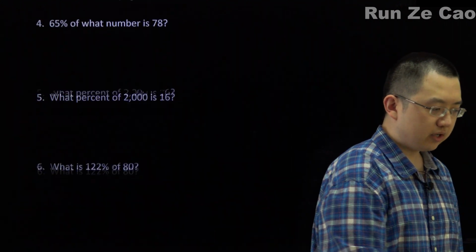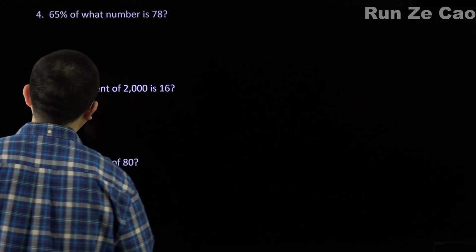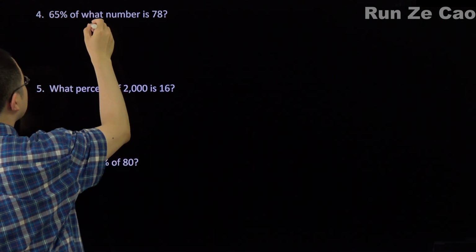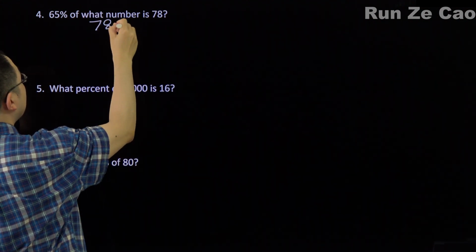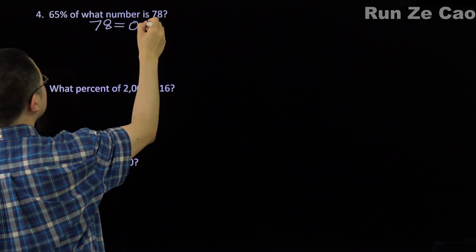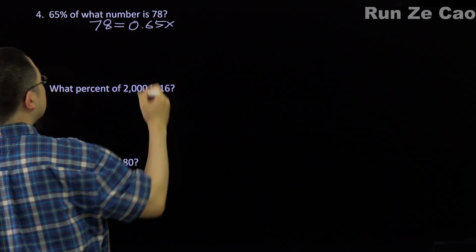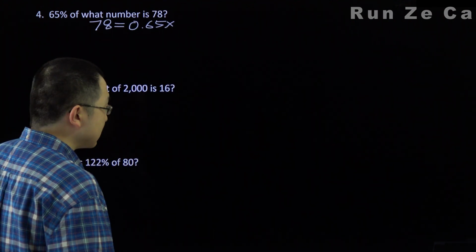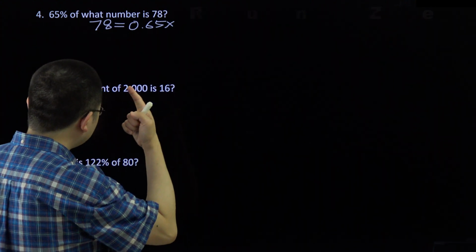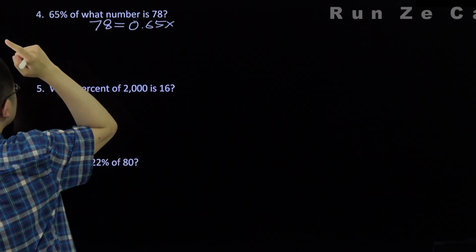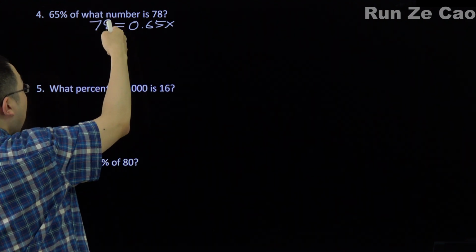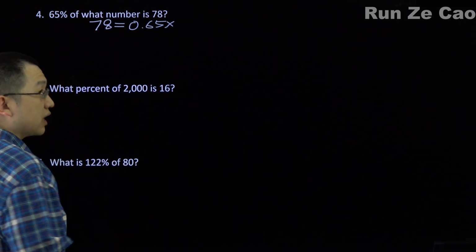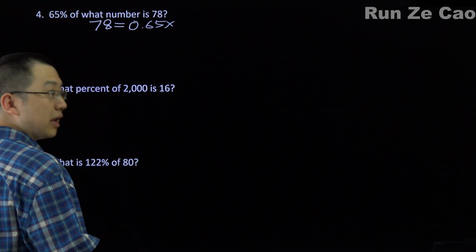65% of what number is 78? Well, what number times 65% equals 78? Yeah, but the formula we had up there was 0.65x. If you're doing this problem on your own without it being in a section that's immediately after a formula like that, obviously for this you would put 0.65 times x, or just 0.65x, equals 78, because that's the order it's written in.